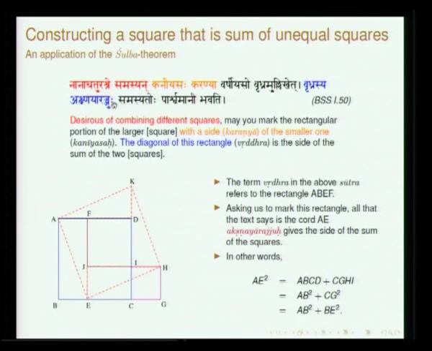All that the sutra says is that this Akshnaya Rajjuhu will give you the side of the square that you desire. This is all the sutra is, is it fine? Now if you look at this, AE square is basically AB square plus CG square.